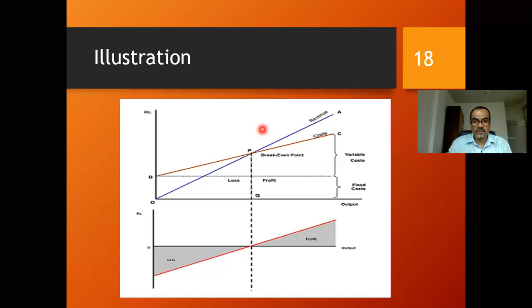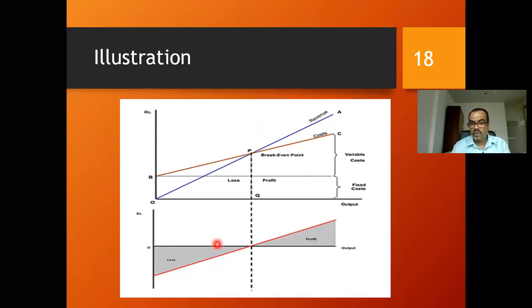You see the illustration. The bottom part of the figure reveals the profit chart, the profit graph. At the point corresponding to the break even point, this curve shows zero profit.